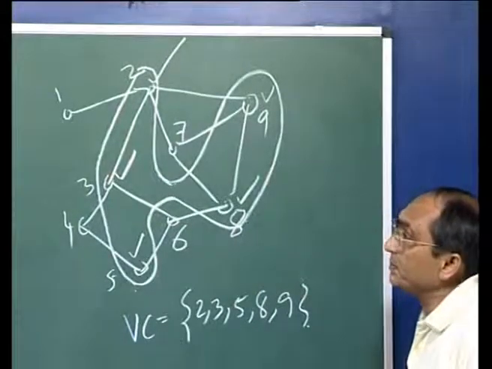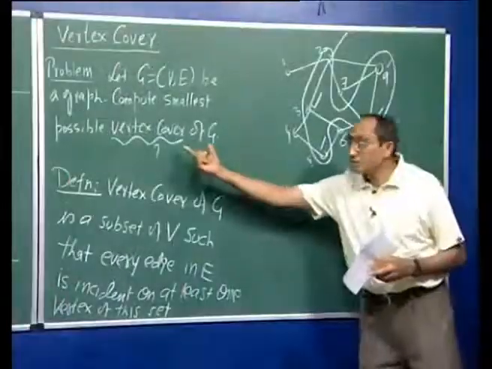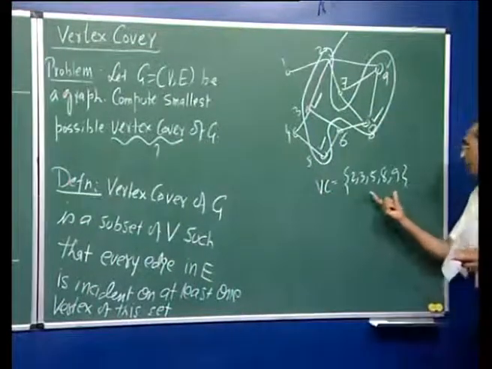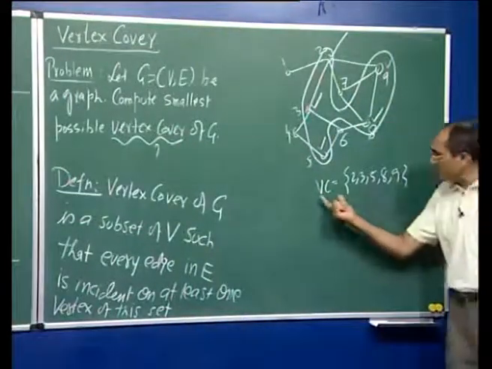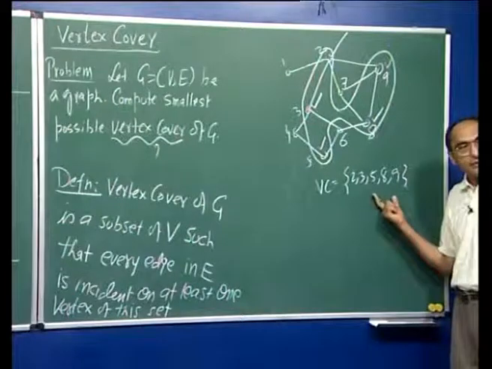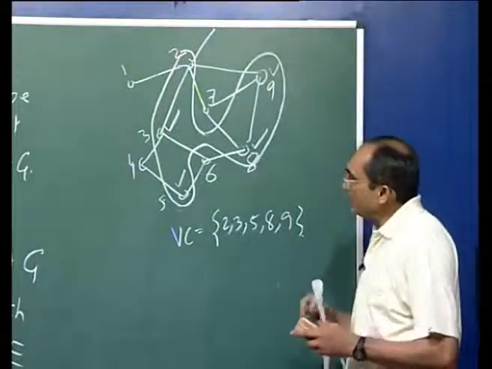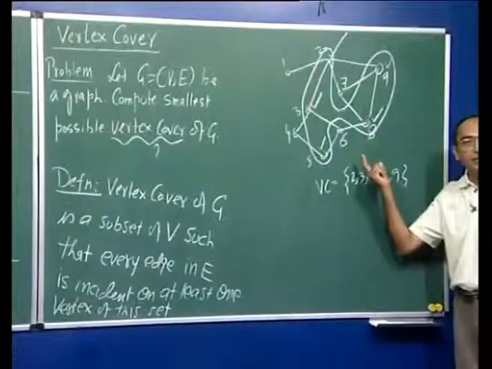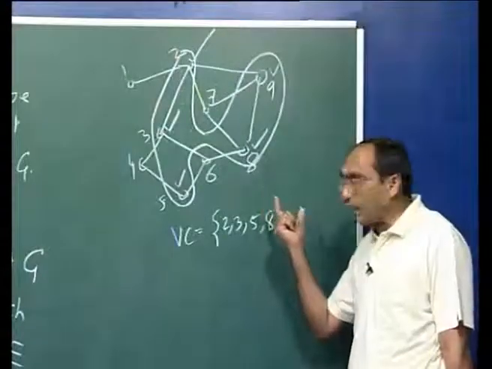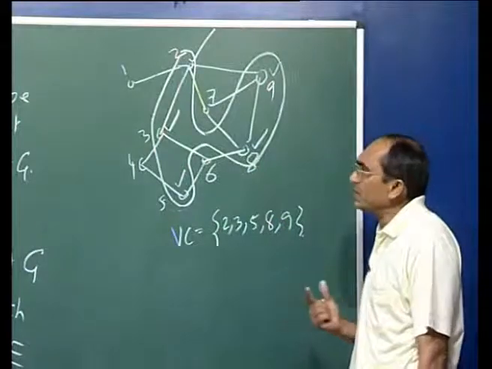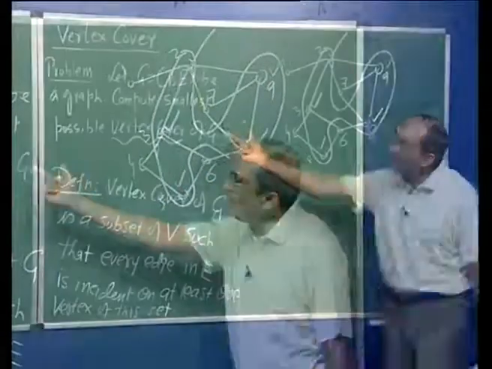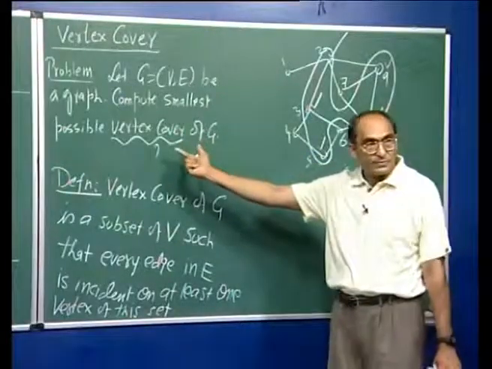So, the challenge is to compute the smallest possible vertex cover, that is, say, vertex cover with the minimum cardinality. That is what we would like to compute. This is known to be an NP-hard problem. So, the optimum vertex cover, this is naturally an optimization problem. Okay.